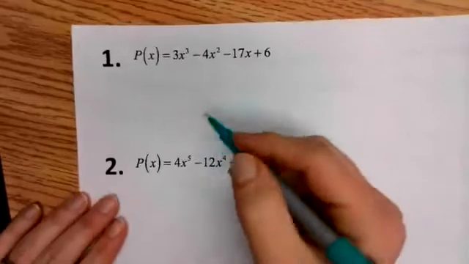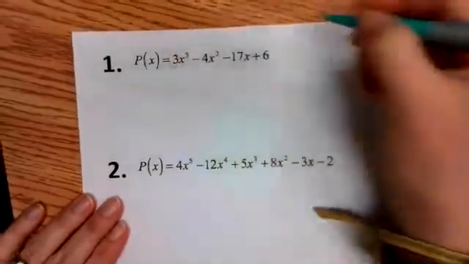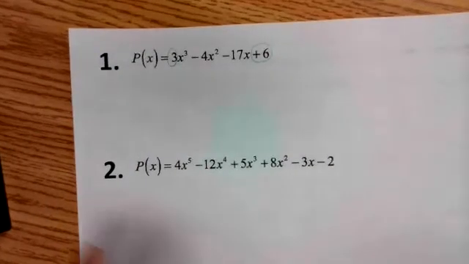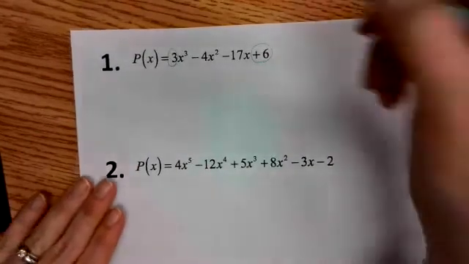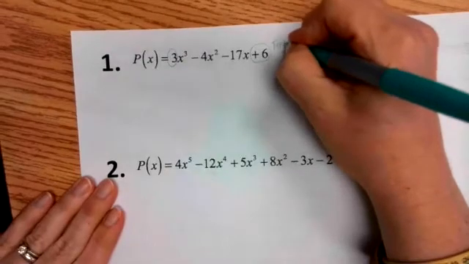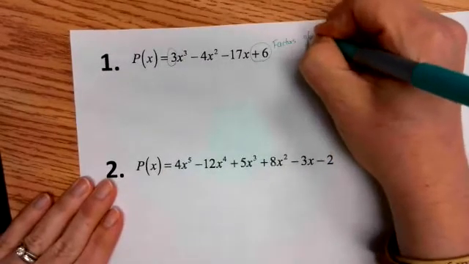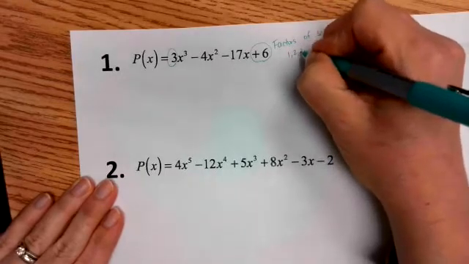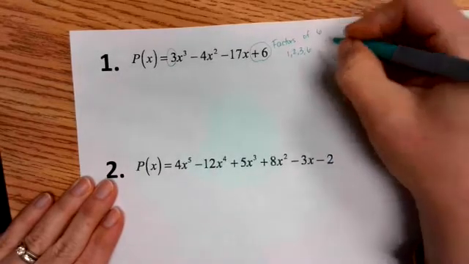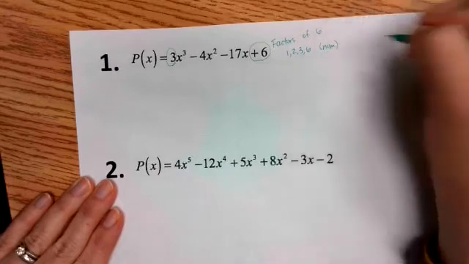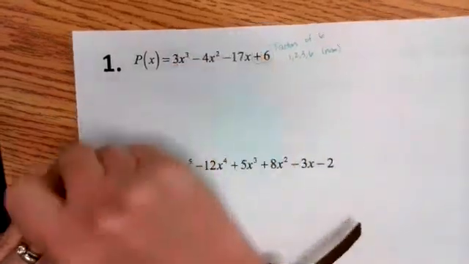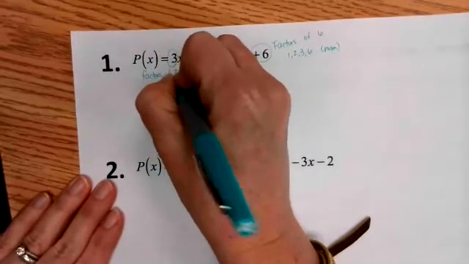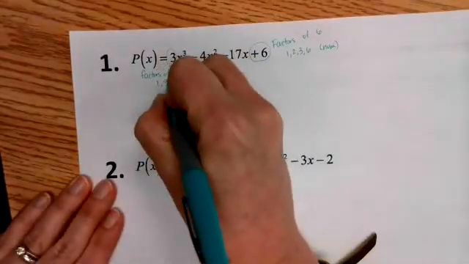For my first problem here, this is my leading coefficient and this is my constant. I'm going to write the factors of each as a fraction as my possible rational roots. My factors of 6, numbers that go into 6 evenly, are 1, 2, 3, and 6. These are going to be in my numerator, one at a time. My factors of 3 are 1 and 3.